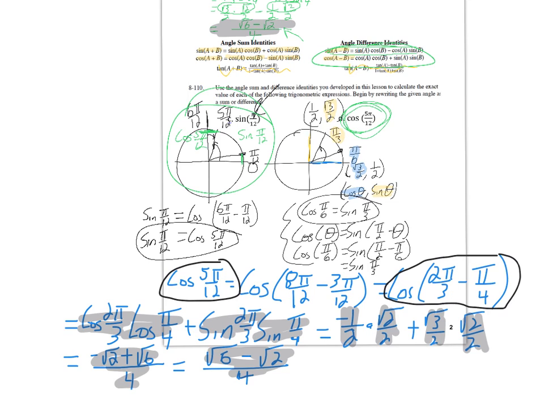One last thing to emphasize is this is just one way to write the sum or difference for 5 pi over 12. You could have chosen other angles. 5 pi over 12 could also be written as 2 pi over 12 plus 3 pi over 12.